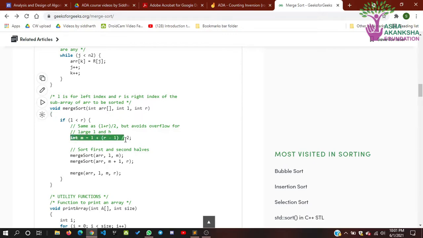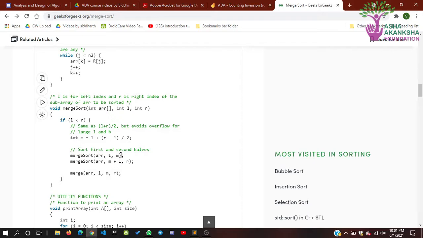Then, as this is a divide and conquer type of algorithm, we will take the same array. We will keep the lower index the same, but we will change the upper index to m. That is, we will sort the array from the lower index to m separately, and from the m plus 1th to the upper index separately.